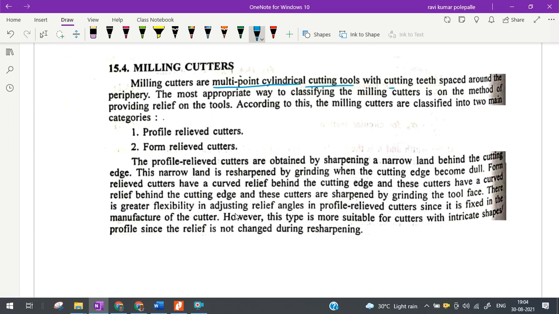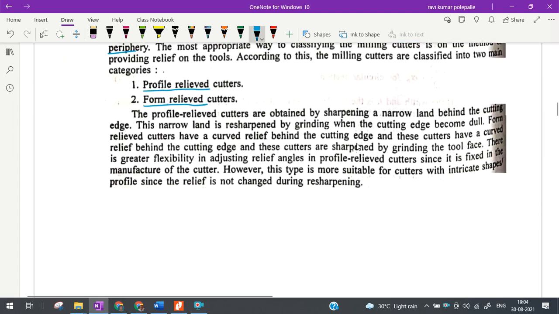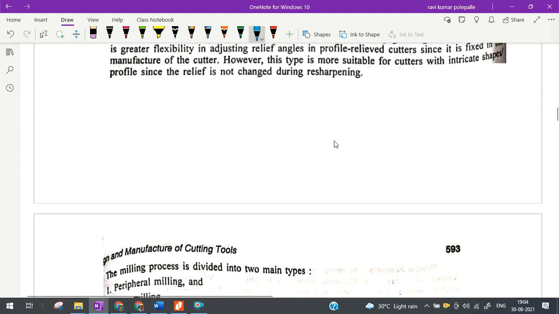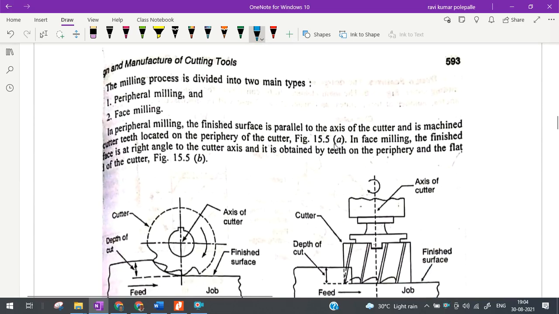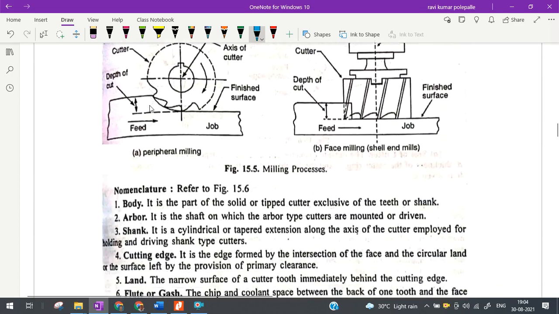So they have a number of cutting teeth spaced around the periphery. Milling cutters may be classified as profile relieved milling cutters and form relieved milling cutters. They are sharpened by having a land. You can look at the milling processes. Milling may be peripheral milling or face milling.